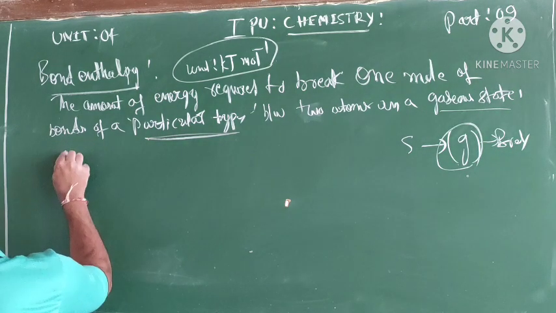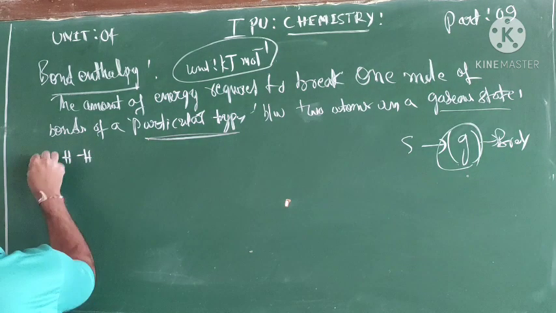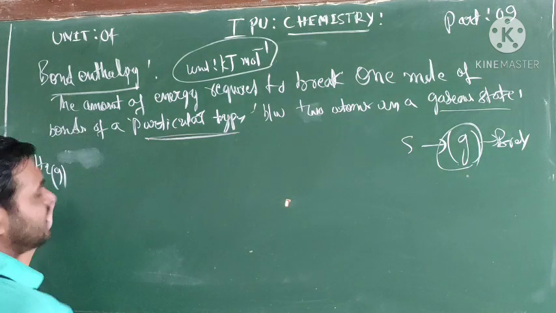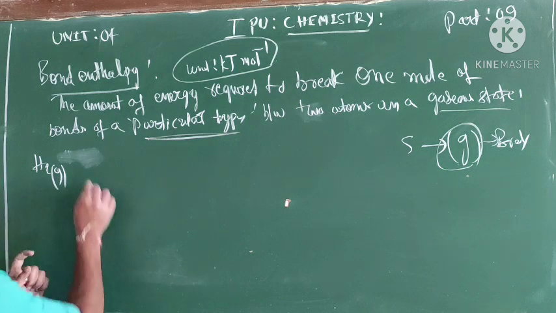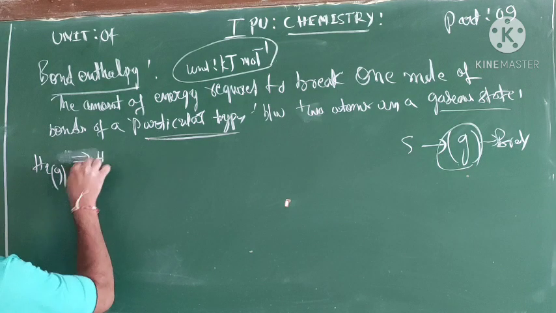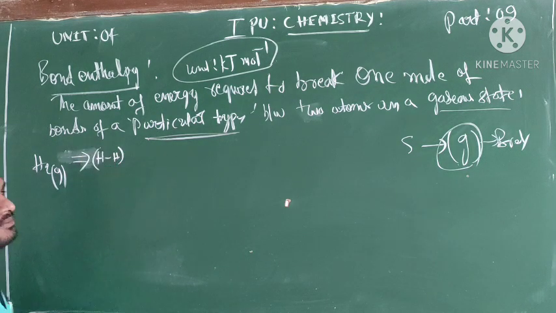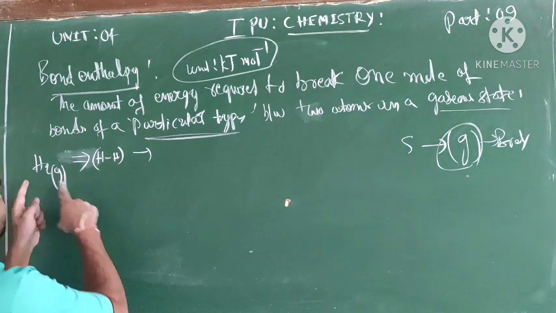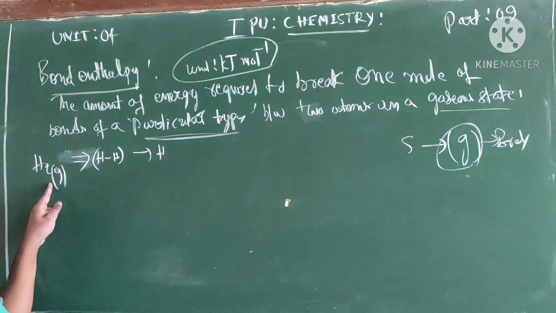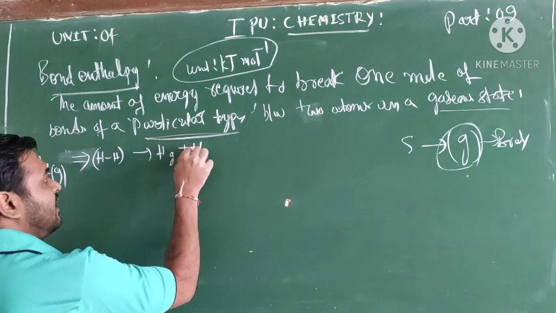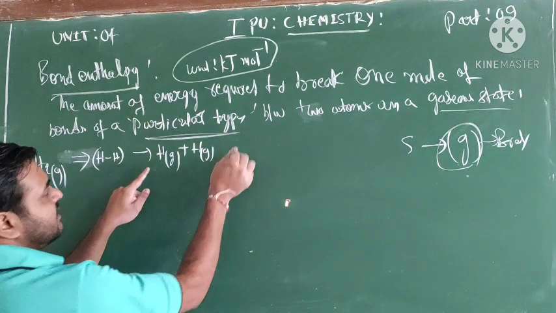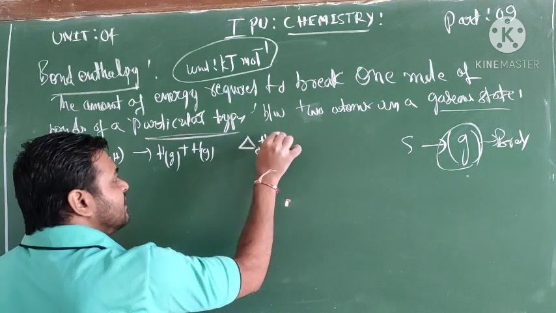See here, say hydrogen gas. It has a hydrogen single bond, so the particular type is a single bond. It breaks down to form gaseous hydrogen atoms. How much energy is required?